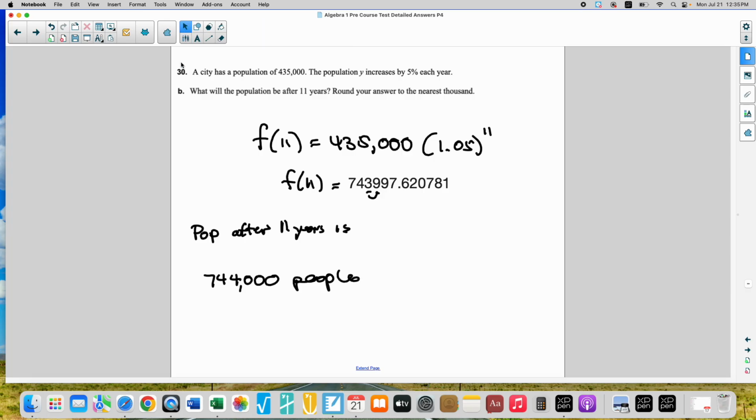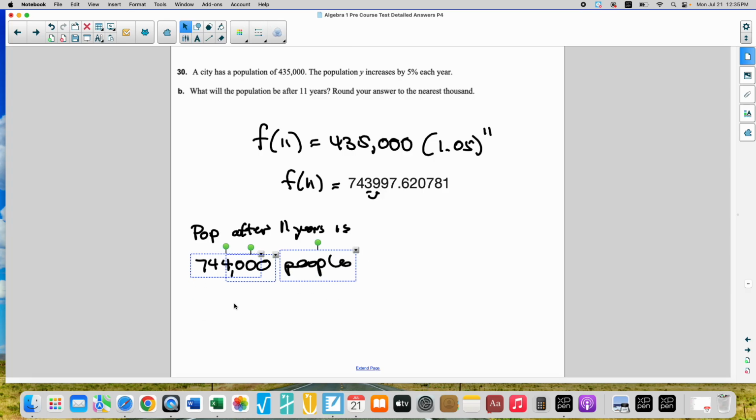And that's kind of neat, right? I mean, that should be seen as kind of cool, that you can calculate out populations knowing the growth each year. And that's how many people we would expect. So almost doubling after 11 years.